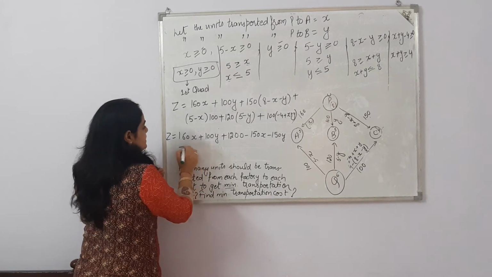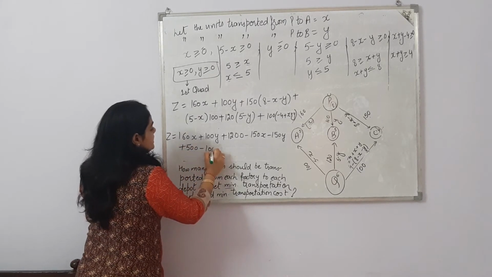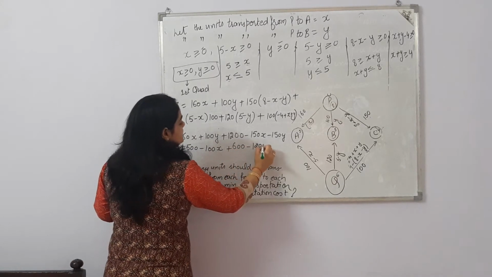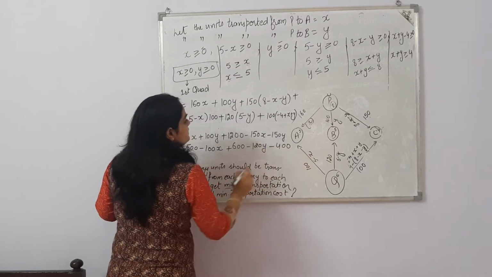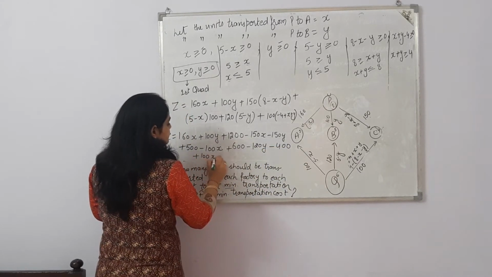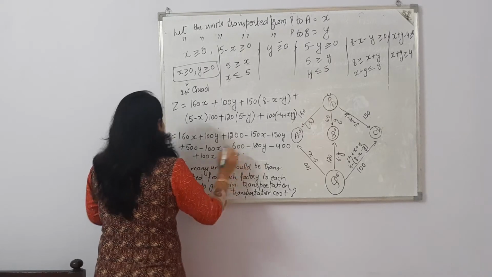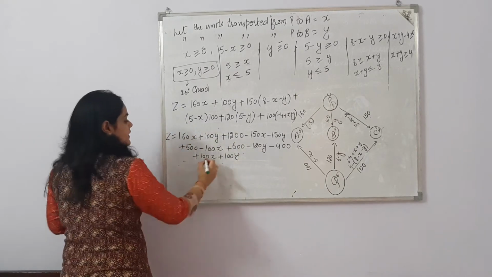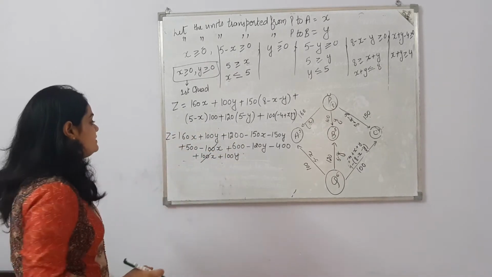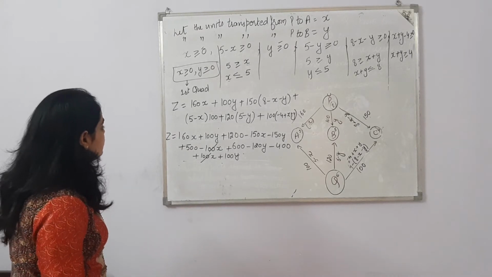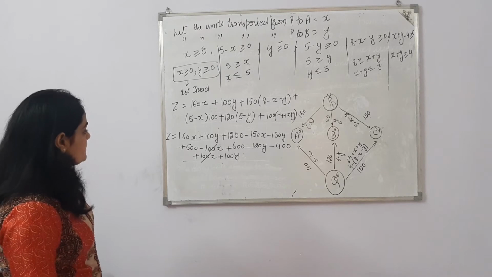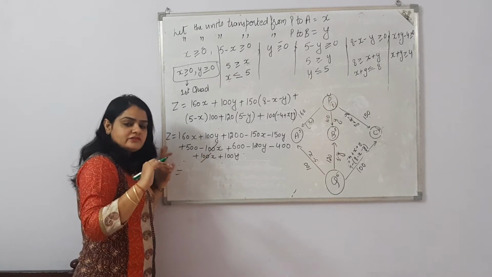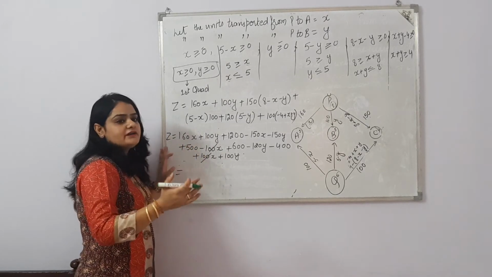Now plus 500 minus 100x plus 600 minus 120y minus 400 plus 100x plus 100y. Now 100x plus, and here is a minus sign, so they will cancel. Is there any other term that can cancel? No, there is no other term that we can cancel. So here we'll add x terms with x terms, y terms with y terms, and constants with constants.